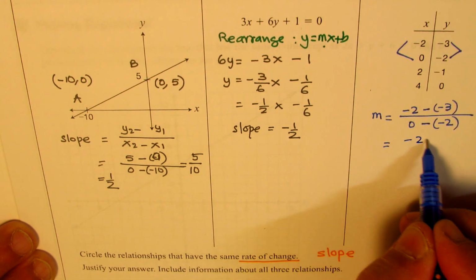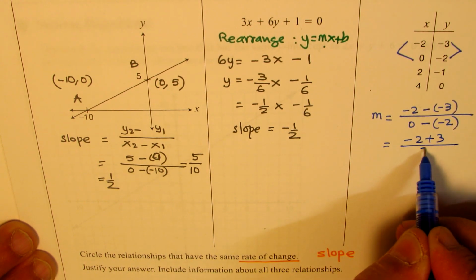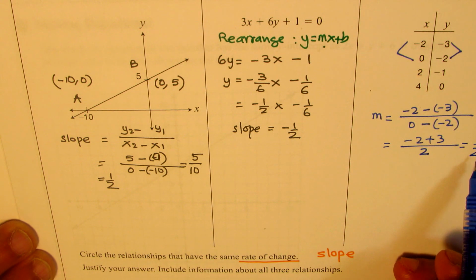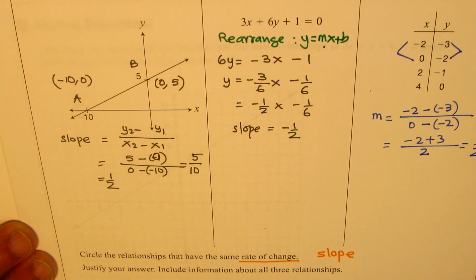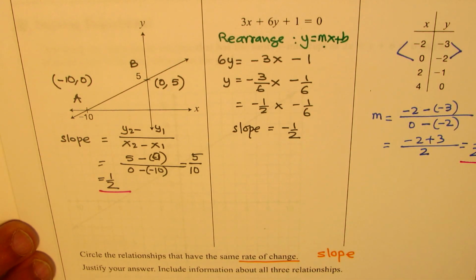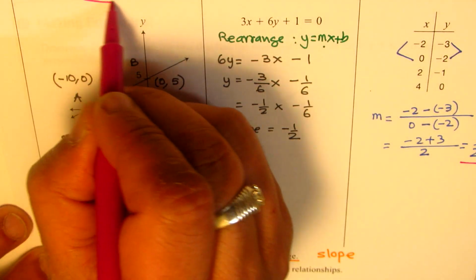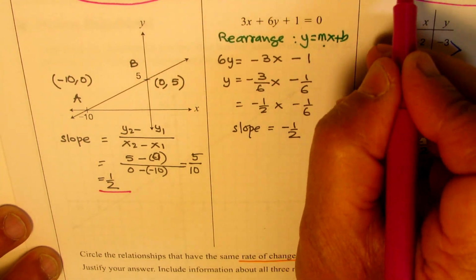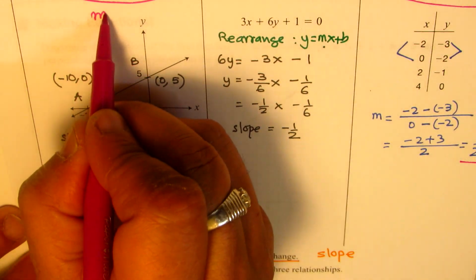So that is minus 2 plus 3 divided by 2, or it is equal to half. So clearly you can see that the slope of first relation and the last relation are exactly same. So we can circle these two relations. They have the same slope, and the slope m is equal to half for both the cases.